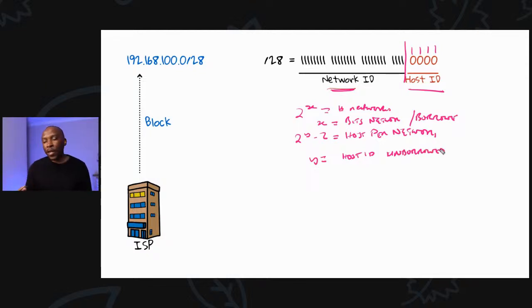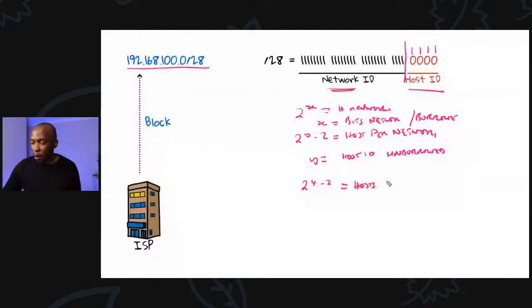So if you're trying to figure out how many hosts can I have on this network, we say 2 to the power y, where y is the number of host ID bits, and we've got 4. So 2 to the power 4 minus 2 should give us the number of hosts on our network.